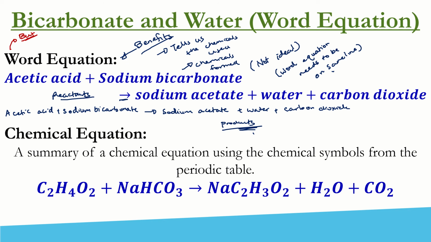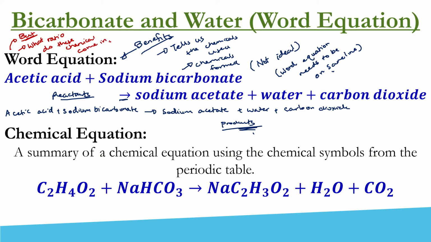One of the issues with word equations is it doesn't say at what quantity we produce these chemicals. So what ratio do these chemicals come in?